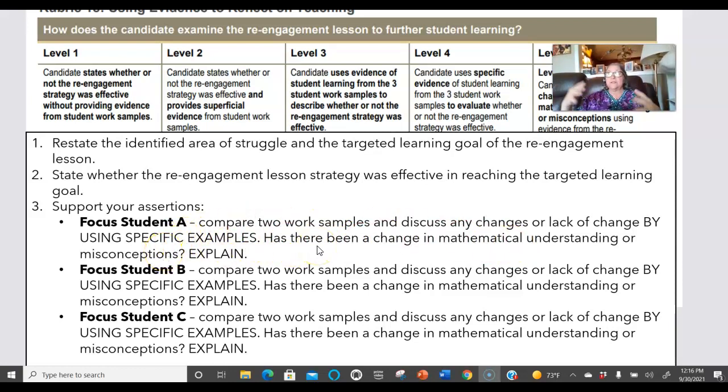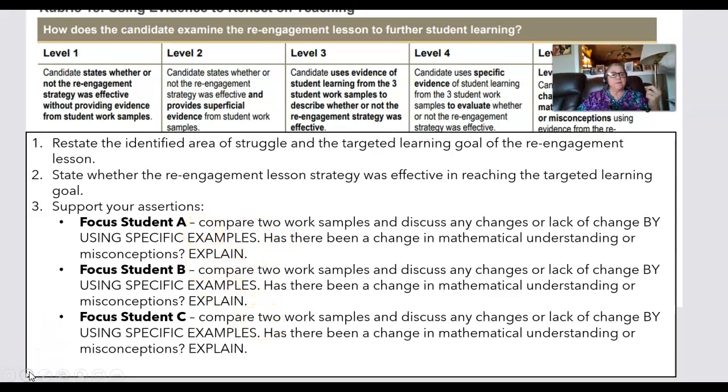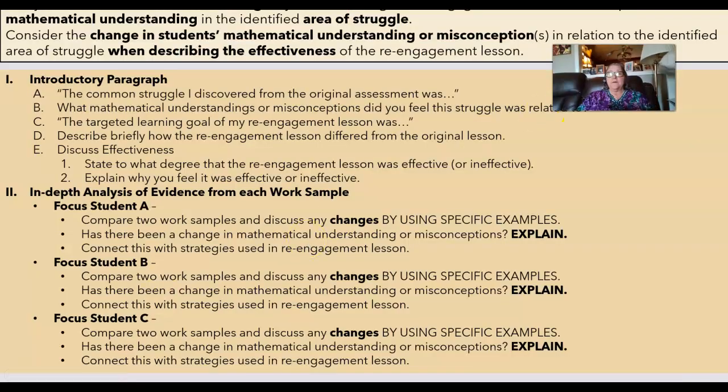Can you see that the student has now begun to understand the concept better? Is the student now able to apply the computation strategy better? You need to explain, and you do that for each of these students. So let's look at a more specific example of an outline.